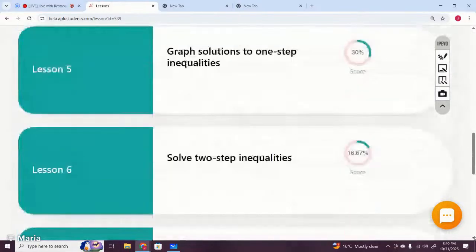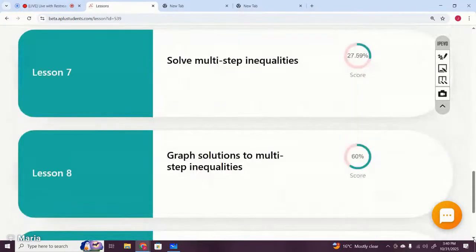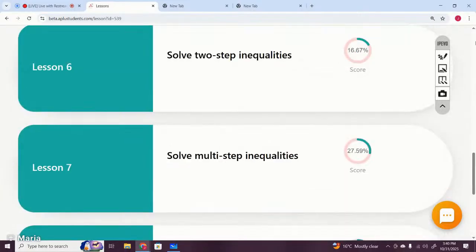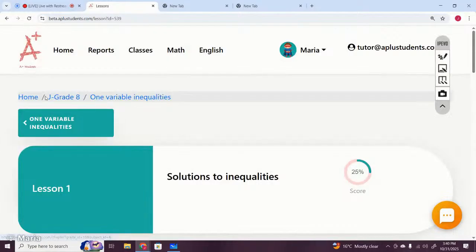The lessons we have covered today are graph solutions to one-step inequalities, graph two-step inequalities, and solve multi-step inequalities. So please make sure before the next session you complete all the practice questions for the lessons we just did.